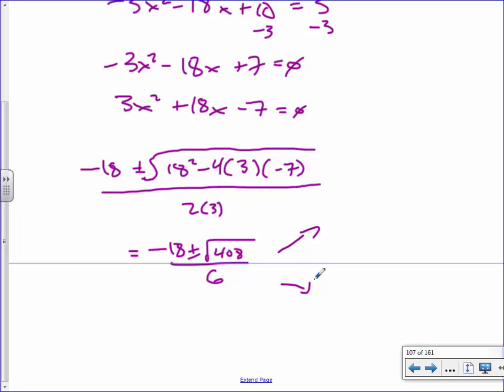So if I do minus 18 plus the square root of 408, and then divide by 6, I got 0.3665. And minus 18 minus the square root of 408 divided by 6 gave me negative 6.3665. Does that make sense?